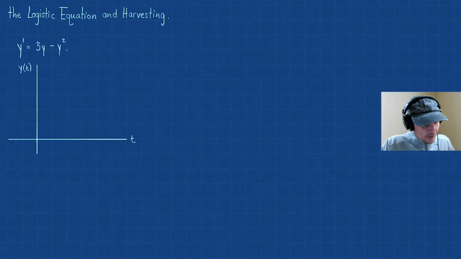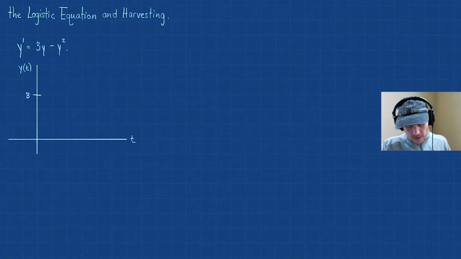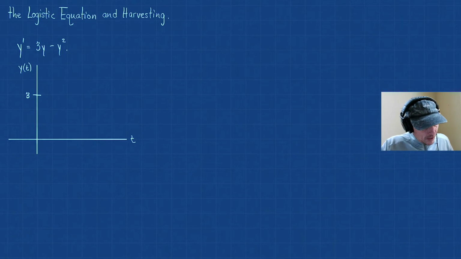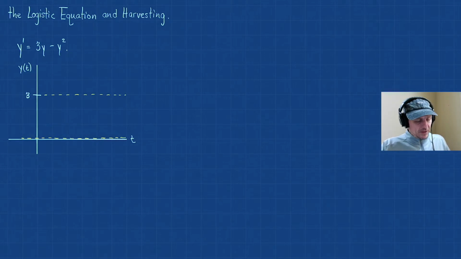And in this case, we said that at 3, and at 0, our derivative is 0. I'll just put a dotted line here as well. And what we said was this: right in between these two, at 1.5, we have an inflection point. And our general graphs looked like this.